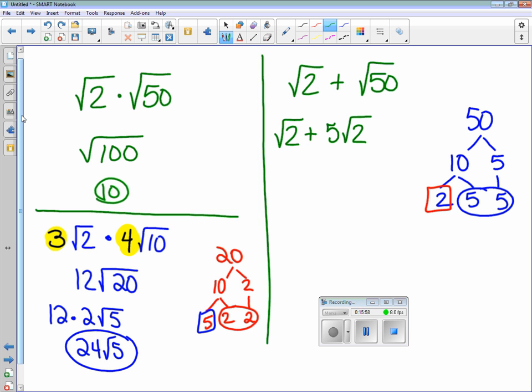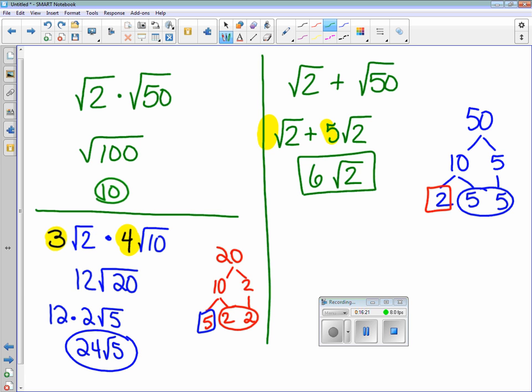So in order to add these, I only add the numbers in front. You treat them like an x, like 1x plus 6x is 7x, right? So I'm going to leave my answer in terms of the square root of 2, but what's the number in the front? 6. 1 plus 5. So that would be my answer there.